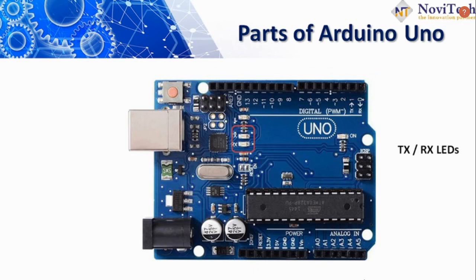When the data gets transmitted or received, the TX-RX LEDs blink. The next is microcontroller. The microcontroller which is present in Arduino is ATmega, which is the most important part of the Arduino. The next are the analog pins. They have 6 analog input pins. It is used to connect the analog devices.